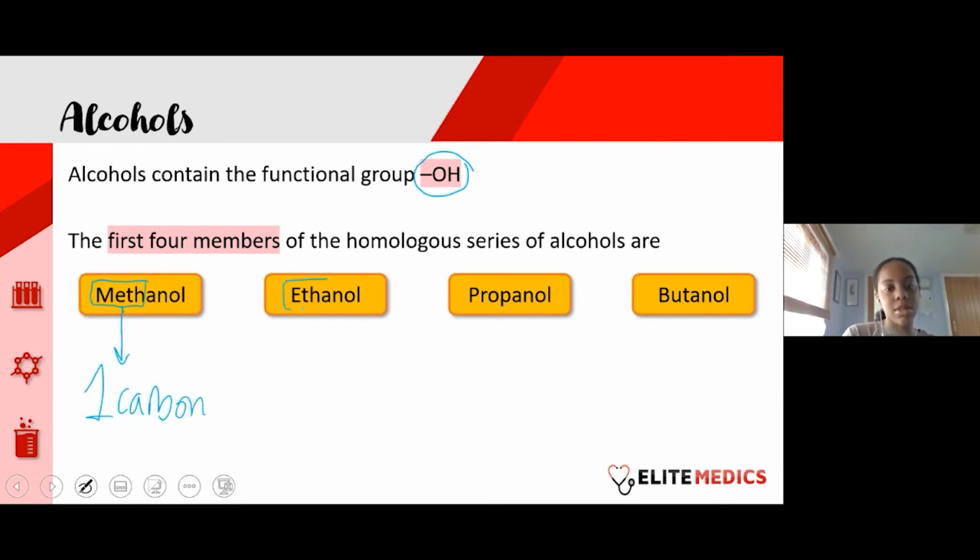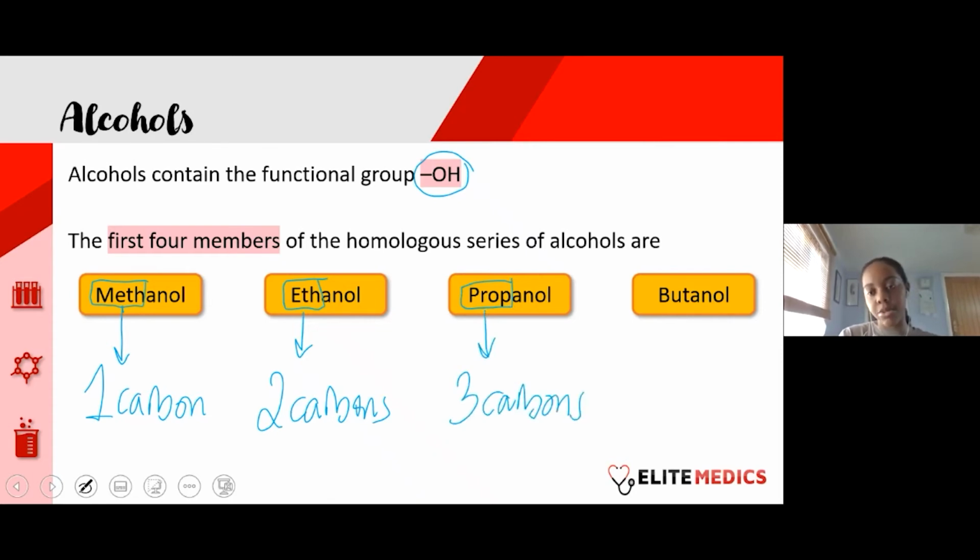Number 2, eth. This corresponds to 2 carbons. Number 3, prop, corresponds to 3 carbons. And but corresponds to 4 carbons.